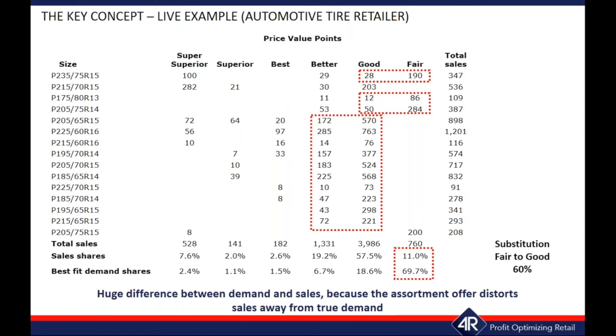Okay, so why would good sell so much better when you don't offer the cheapest tire? Well, the obvious answer is that some of those sales of the good tire are people who wanted the lowest price tire but traded up. Okay? And so the point being, there's information in your sales data that lets you measure how customer demand transfers if you don't give them what they ideally want.